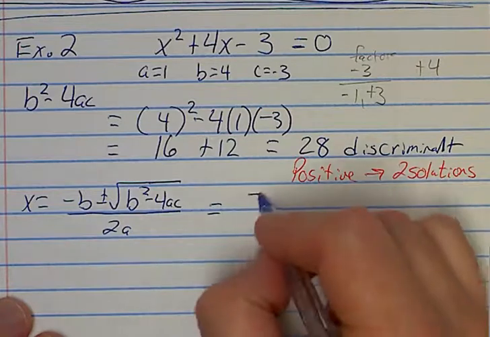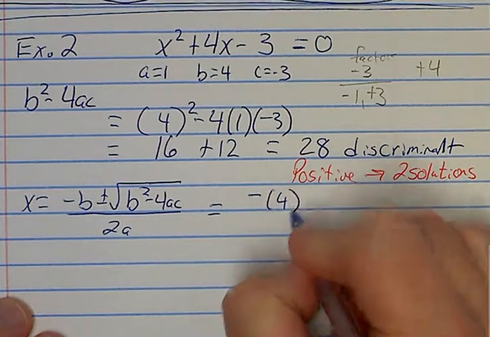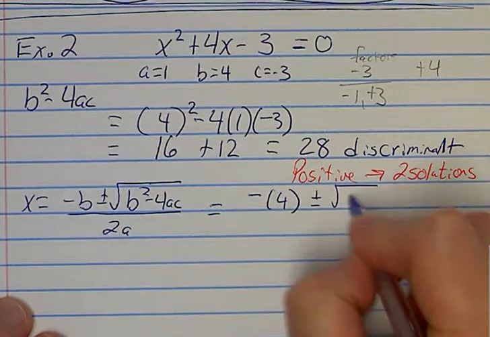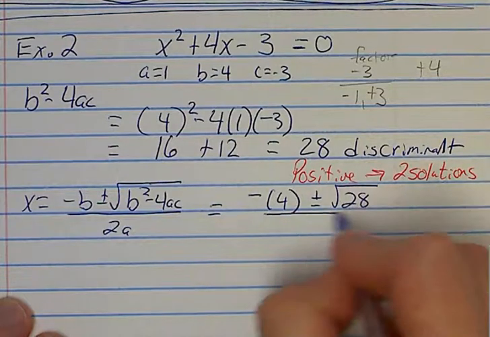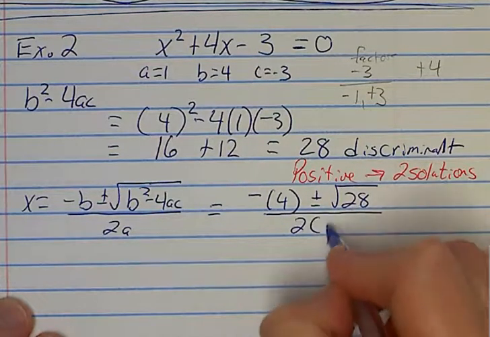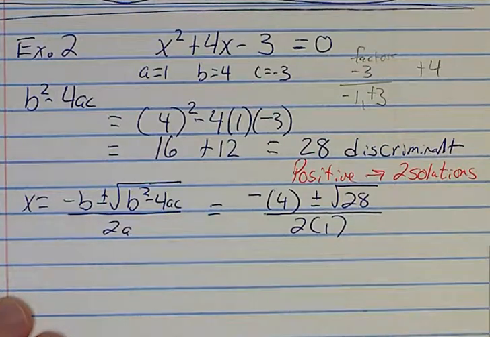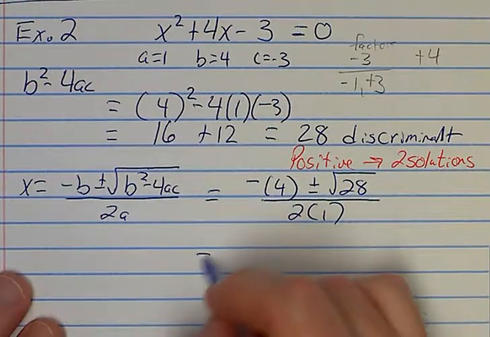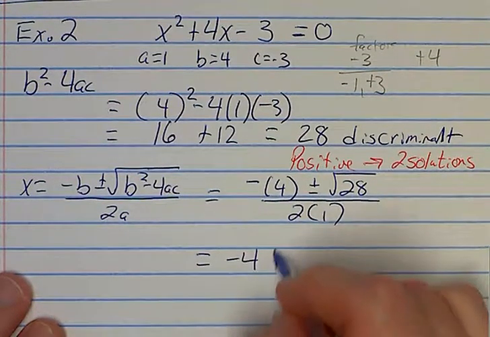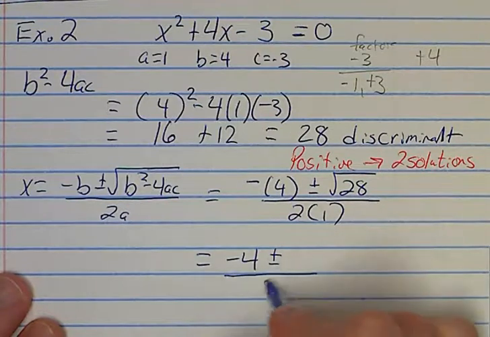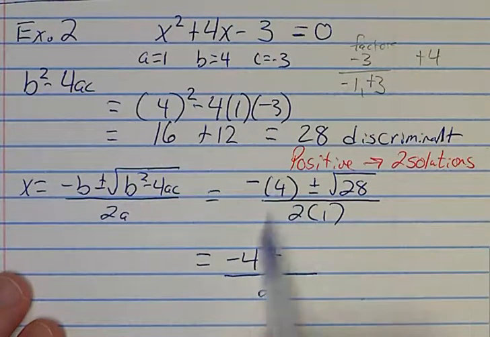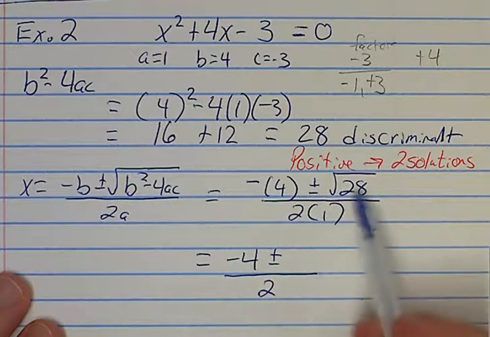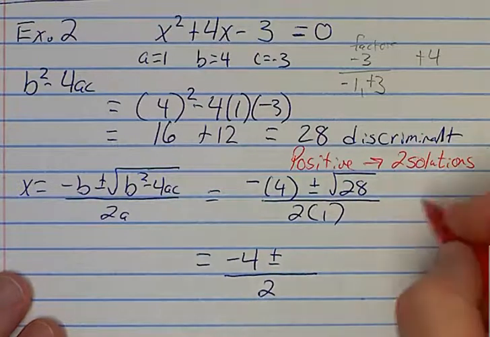So now it's just minus 4 plus or minus the square root of 28, and that's over 2 times 1. So we've got the negative 4, you've got 2 times 1, so really we've just got to break down 28, and we'll do that on the side right here.